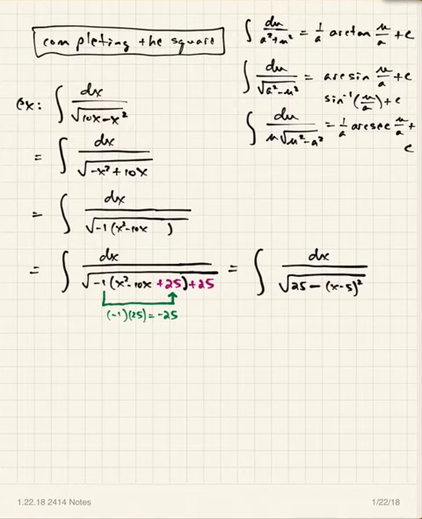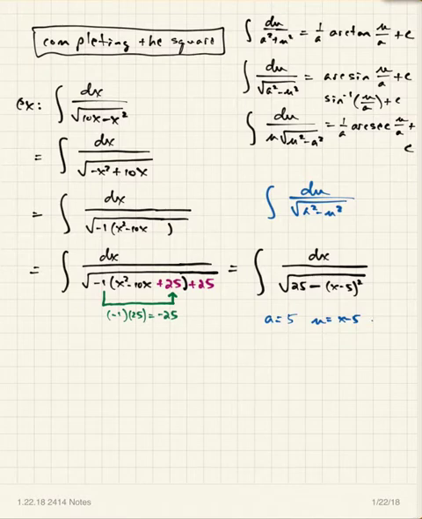And notice then when you compare it to the form du over the square root of a squared minus u squared, it's starting to look like that form, where a is equal to 5, because a squared is 25, so a would be 5. u would be x minus 5, because that's the function that's being squared.